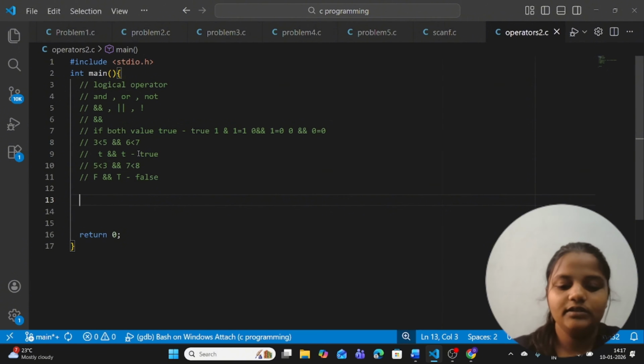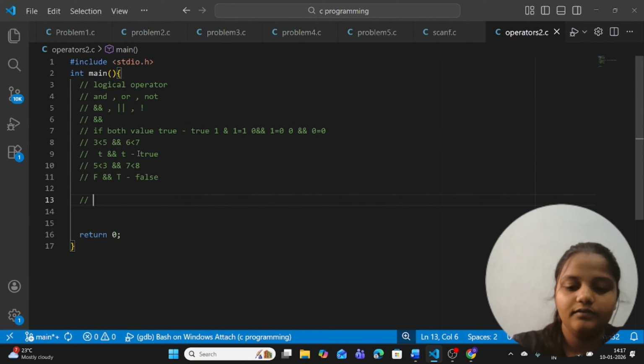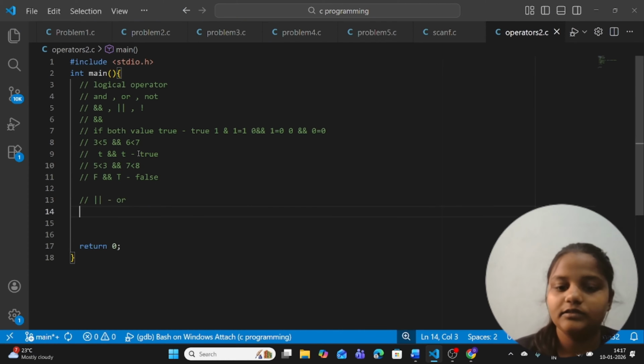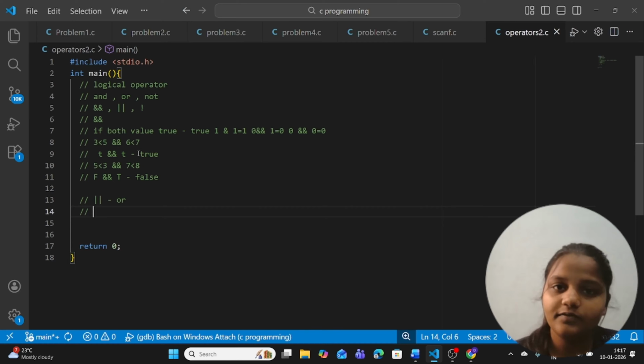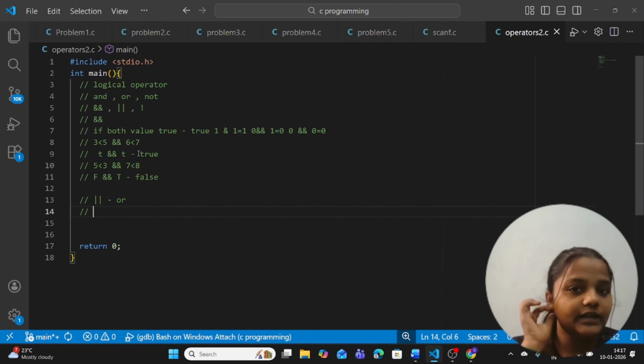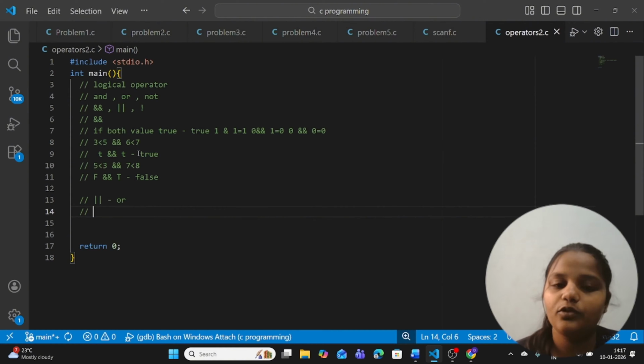Okay. Next, we will see about OR. OR means, if one value is true, then the output will be true, right? If there exists only one true, the output will be true. It fails only when both values are false, right?